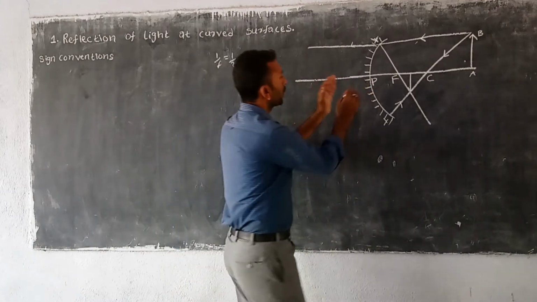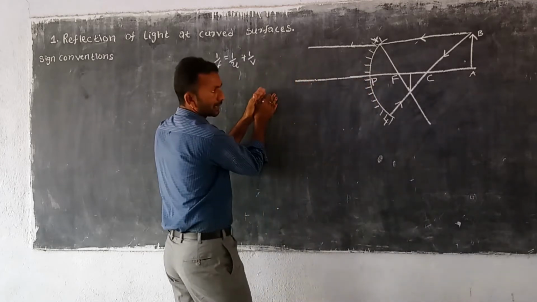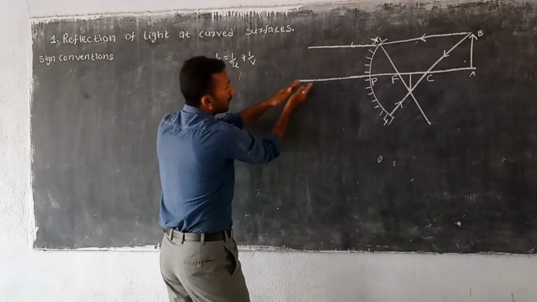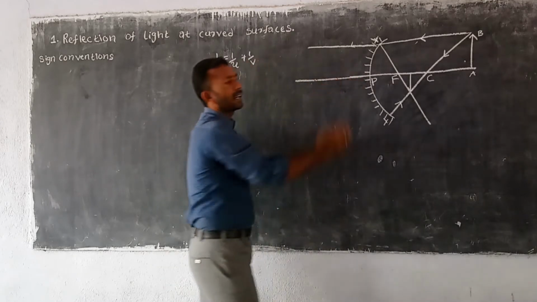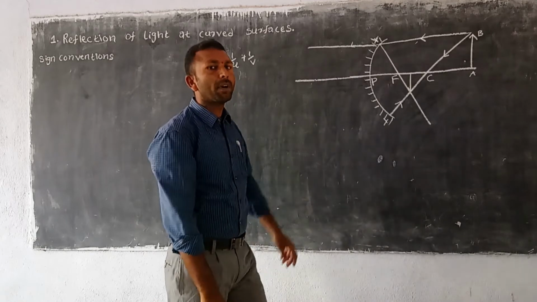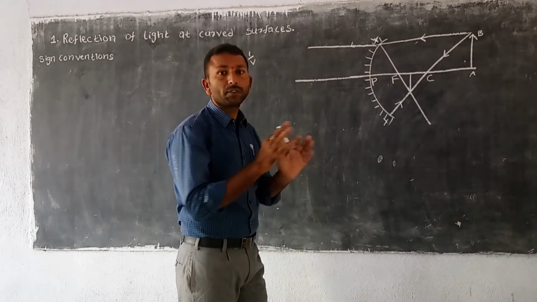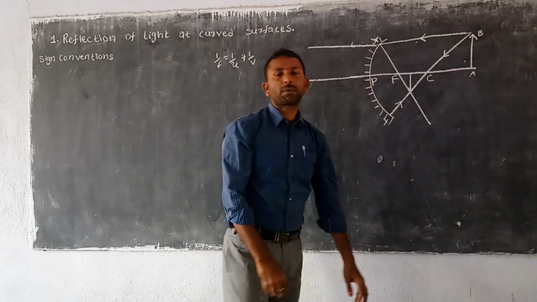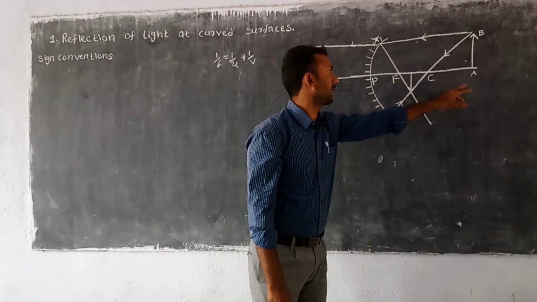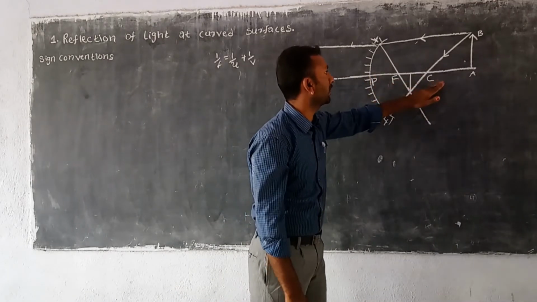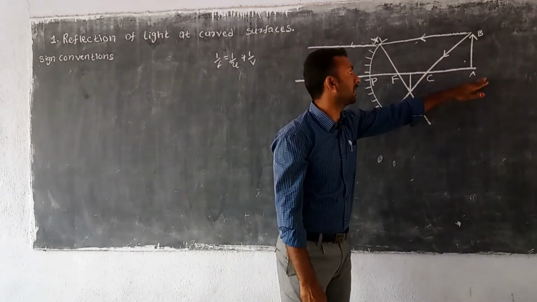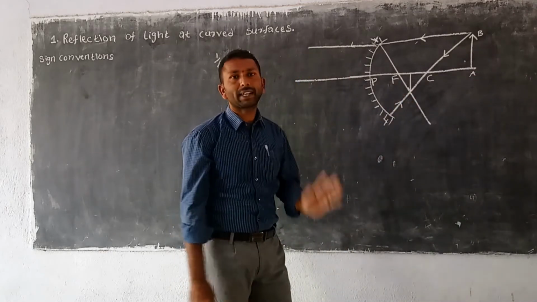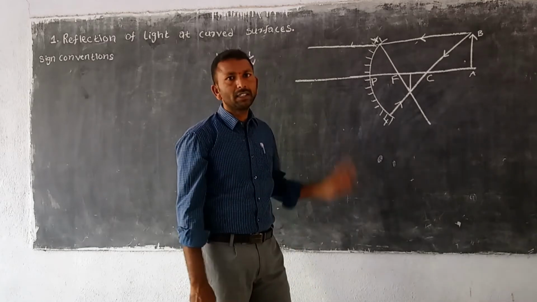So if you are measuring the values from the pole in this direction, that is the light ray direction, those values are positive. Otherwise, if you are measuring the values opposite to the light ray direction, whether focal length, center of curvature, object distance or image distance, all the measurements will be taken as negative values. This is the second one.